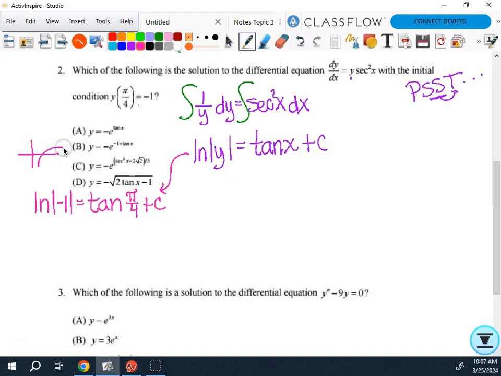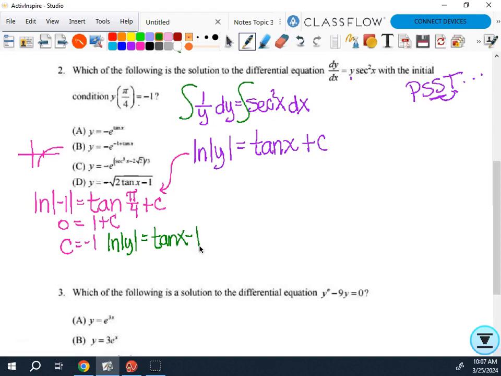And I know that's my parent function, so this is 0. The tangent of pi fourths is 1, so 0 equals 1 plus c, so c equals -1. So when I substitute that back in here, that gives me the natural log of the absolute value of y equals the tangent of x minus 1.